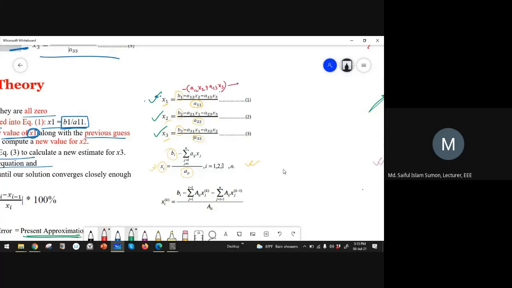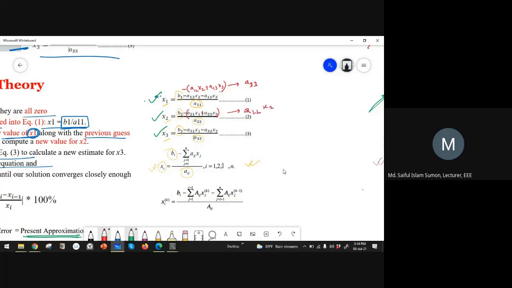If you observe, there is no a11 term here. In the same way, there will be minus, and if I take common, then there will be plus. So there is a21 into x1, but there is no a22 term, as well as there is no x2.